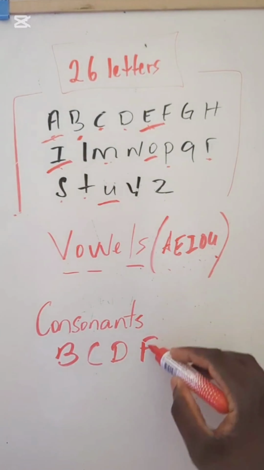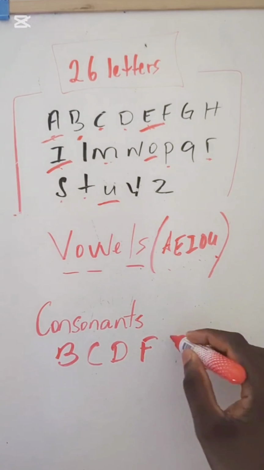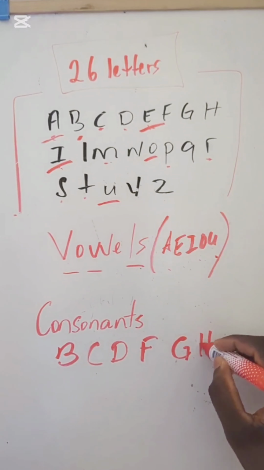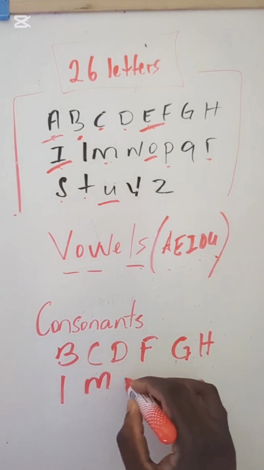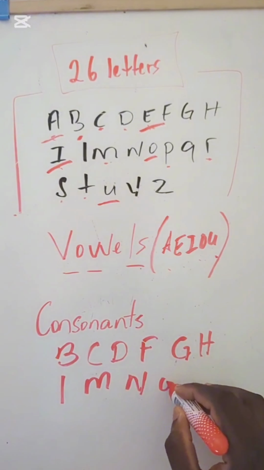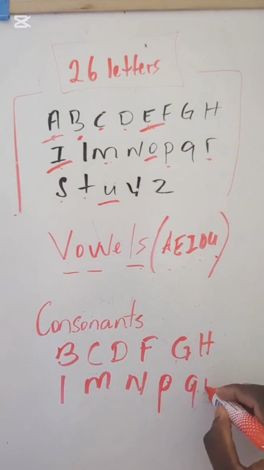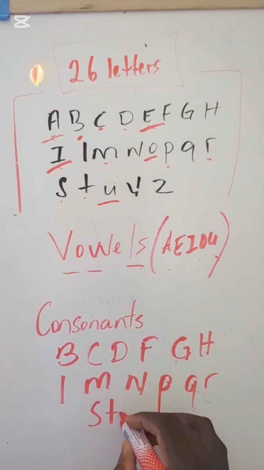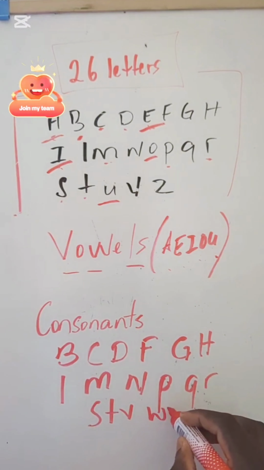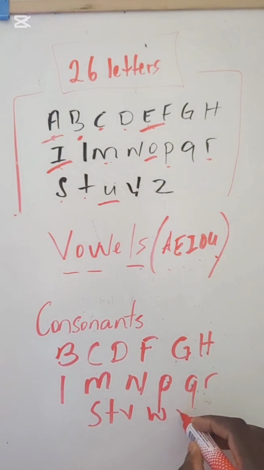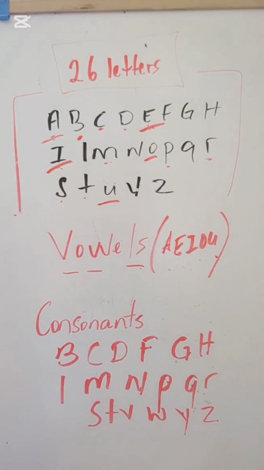So we have F as a consonant. We have G, H, L, M, N, P, Q, R, S, T, V, W, Y, Z, so on and so forth. You get the gist. Anybody out there who doesn't understand?